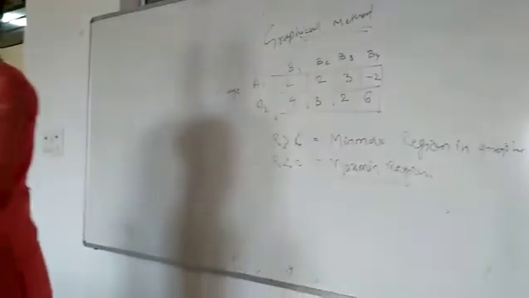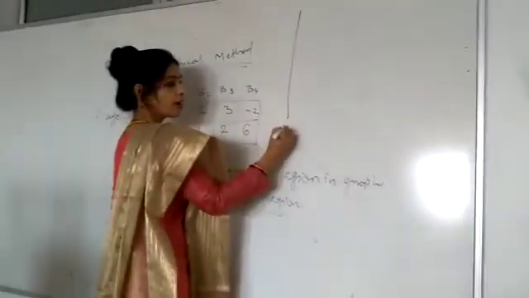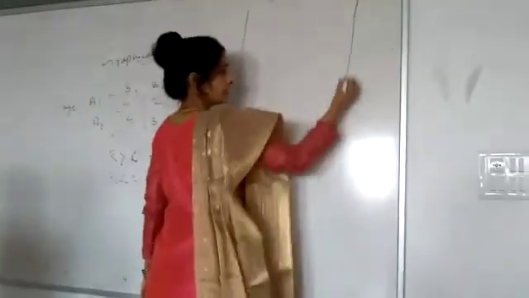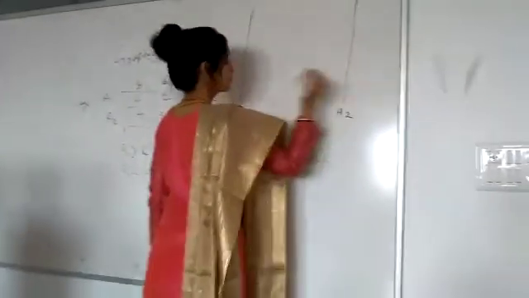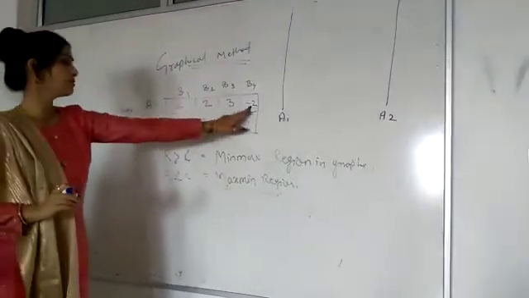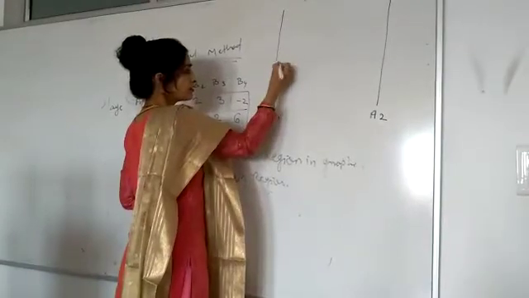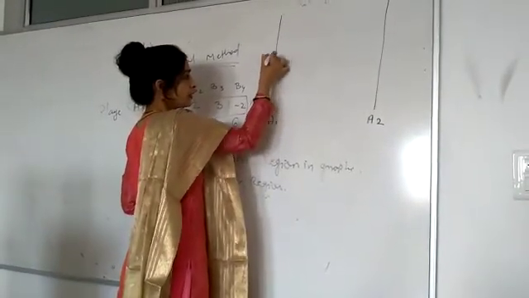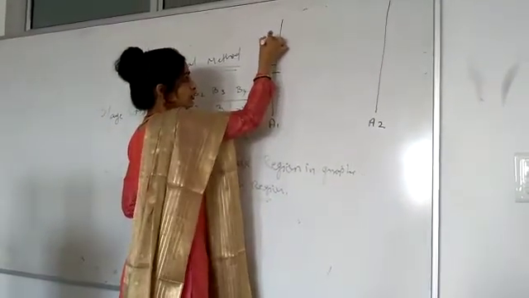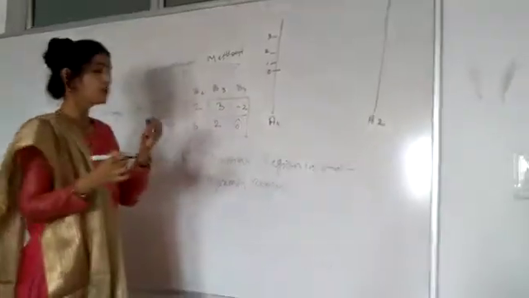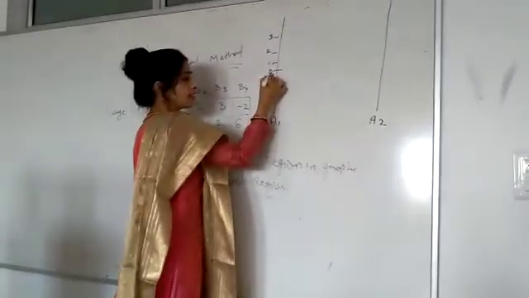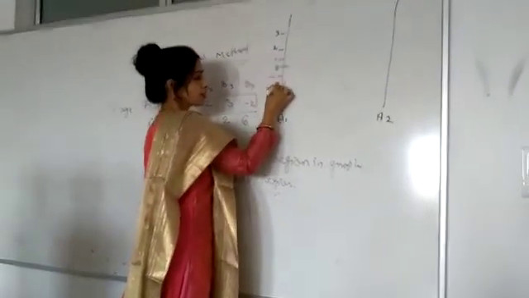Now come to the graph. Two lines are drawn, A1 and A2. What is the minimum and highest number in the first row? The minimum number is -2 and the maximum is 3. So the midpoint is 0, then 1, 2, 3, and -2 is the most negative number, then -1, -2.